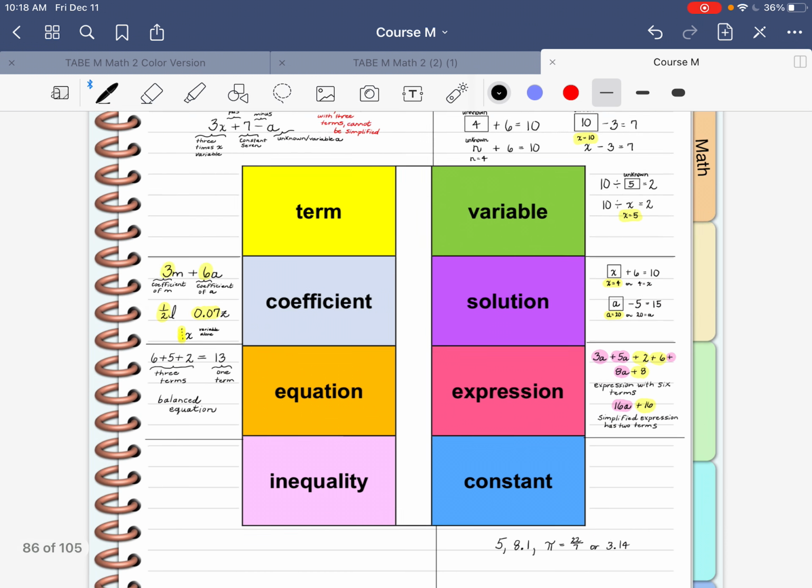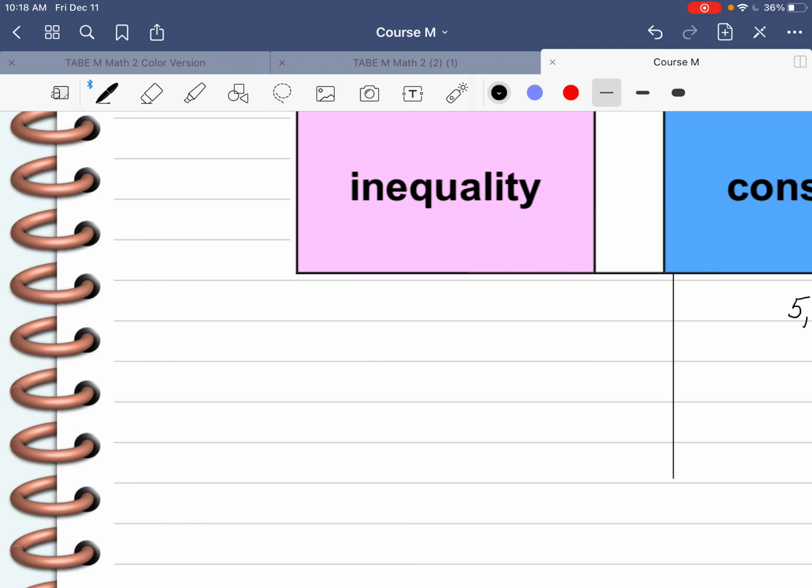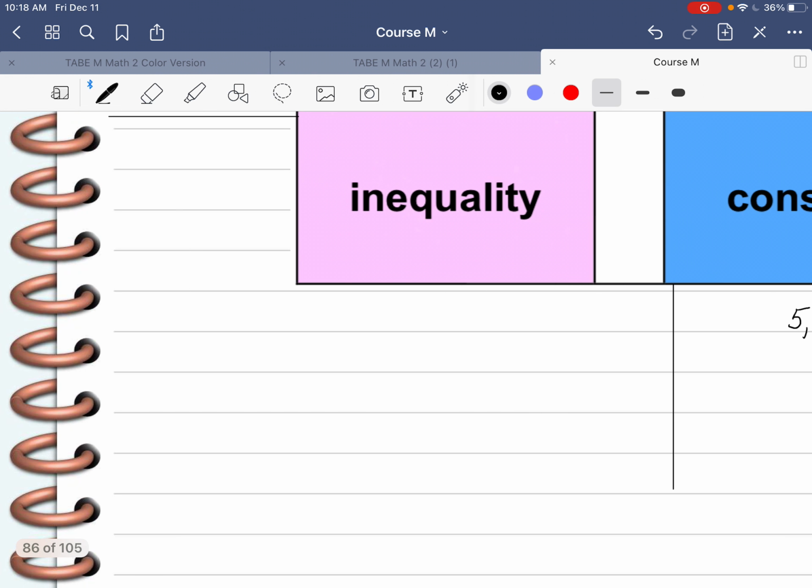So here's an example. I want you to think about this example before I talk about it. So open up that inequality door and let's put this example in there. Some unknown amount is greater than 12. So the unknown, the x, is greater than 12. So what could x be? Could it be 12? 12 is bigger than 12. No. Could it be 11? 11 is greater than 12.